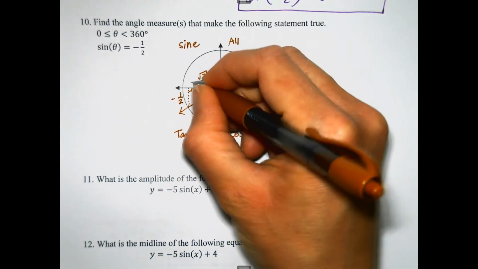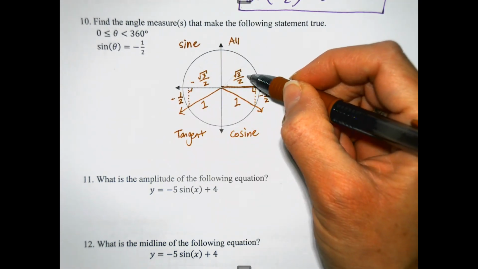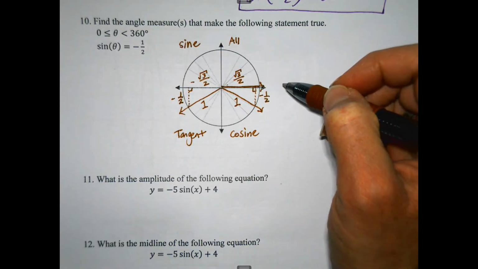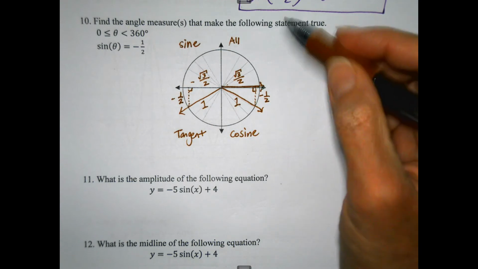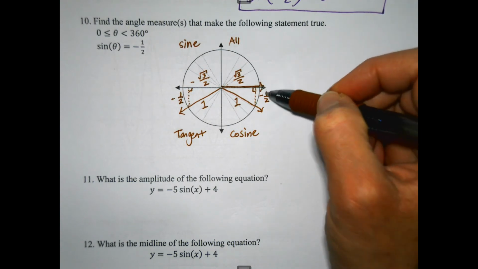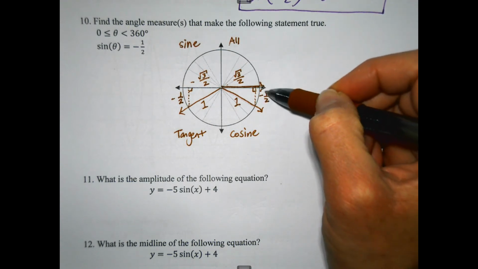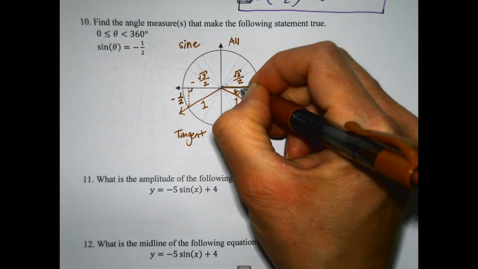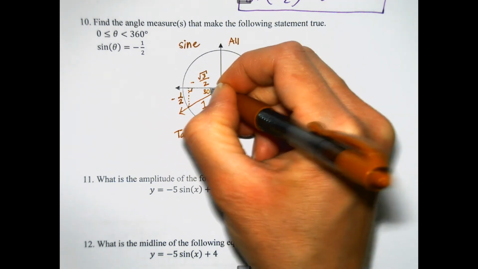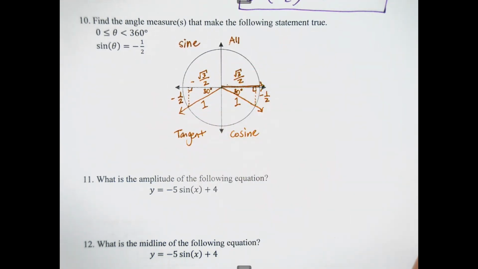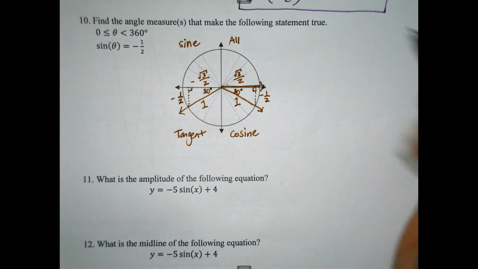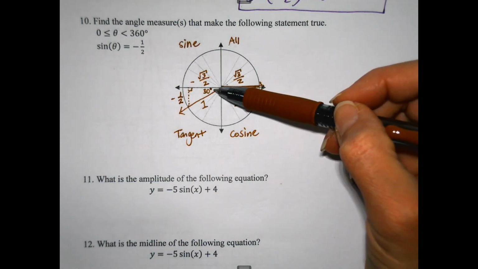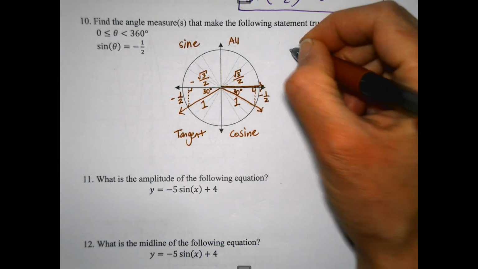We could find that other side by using Pythagorean theorem, but by now you should just recognize those triangle sides. And in a 30, 60, 90 triangle, opposite the small angle is 1/2, or opposite the 30-degree angle is 1/2. That's how we know that this angle in here happens to be 30 degrees. So now we can know that our reference angle is 30 degrees.